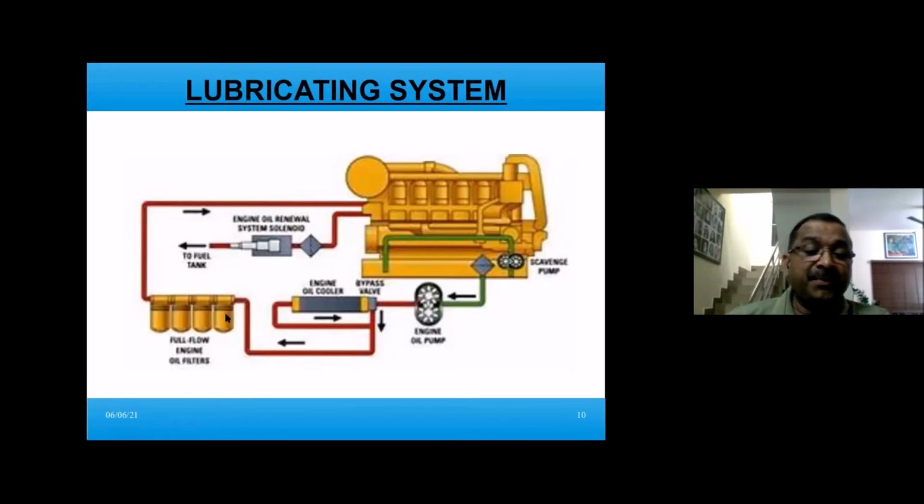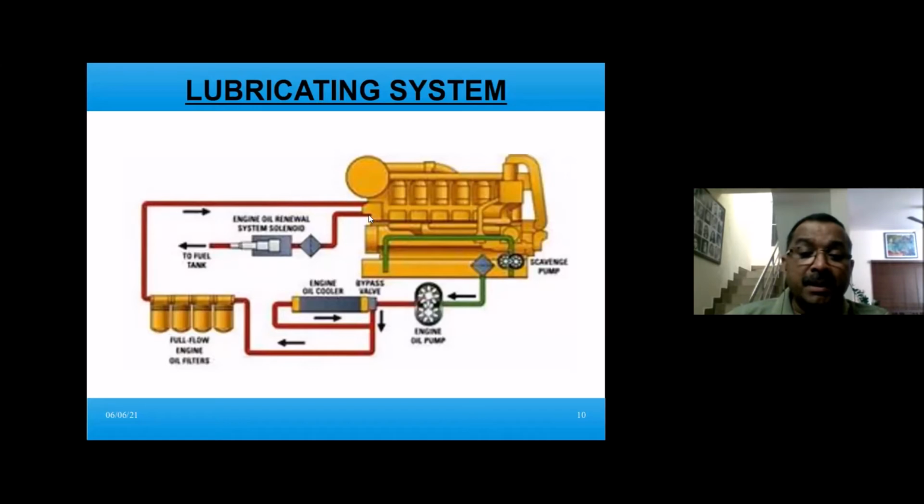Here we have 4 chambers, 4 filters in series. So it will go through these filters, which purify the lubricating oil, and it will go into the cylinder, and it will lubricate, and do the 4 duties assigned for it.